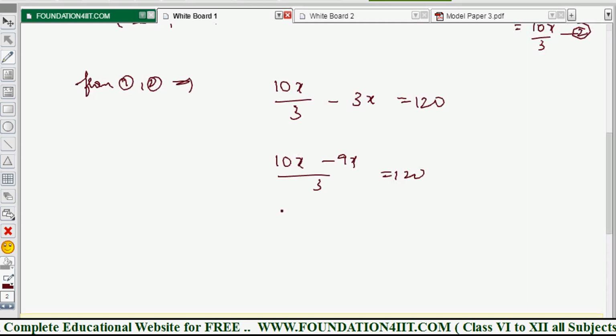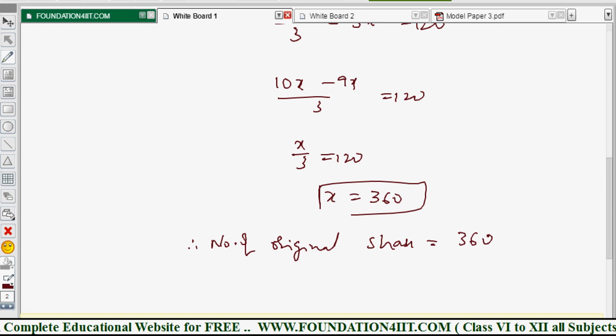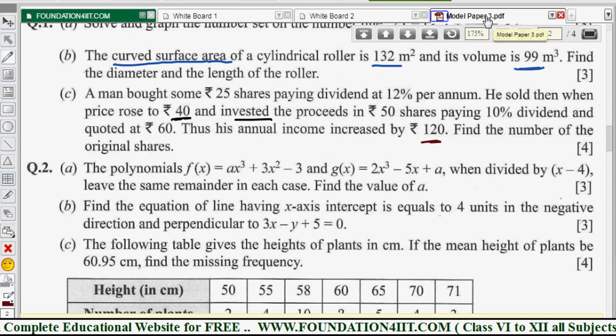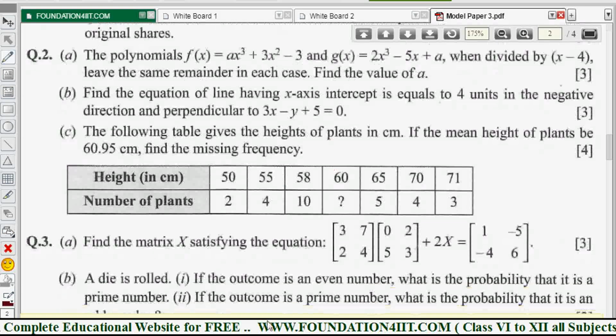Then x by 3 is 120, so x is equal to 360, that is 120 into 3. Therefore, the number of original shares is equal to 360. Right? This is the first question. Now let us see question number 2 and we'll solve these problems.